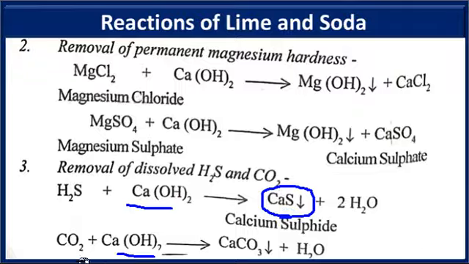Similarly, carbon dioxide reacts with the lime and forms the calcium carbonate precipitate. And 1 mole of H2S requires 1 mole of lime. 1 mole of CO2 requires 1 mole of lime. That means if dissolved gases like H2S and carbon dioxide are present, these require 1 mole of lime for their complete removal from the water sample.